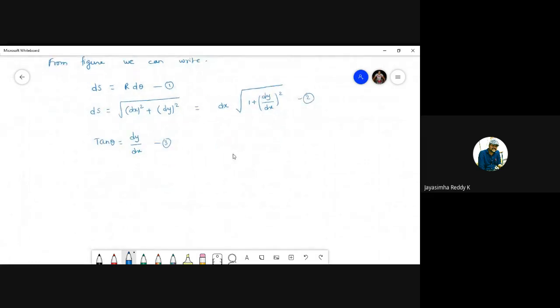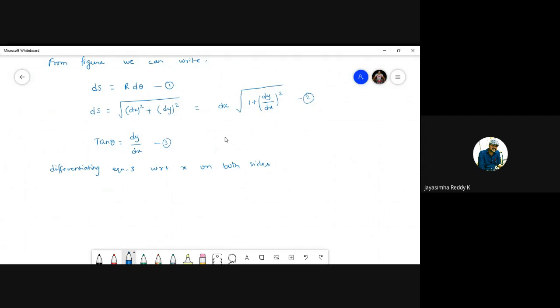Now let me differentiate this equation number 3. Differentiating equation number 3 with respect to x on both sides. What is d by dx of tan theta, students?